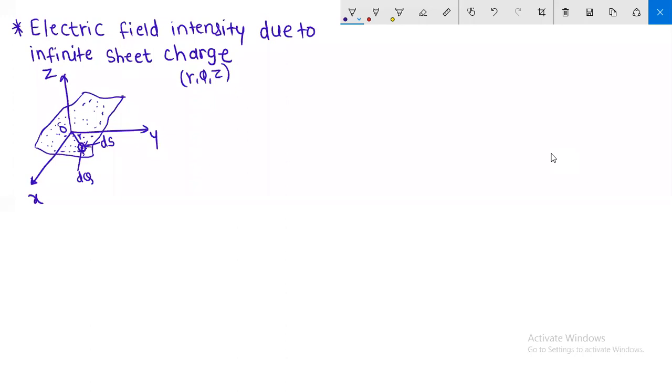This is the small distance r from origin to this point, and I want to find the electric field intensity. Already this sheet is placed in the x and y plane, so I'm considering the point P on the z axis, meaning electric field intensity on the z axis. To find this, just connect point P to point dq.